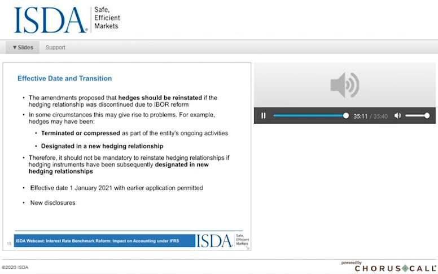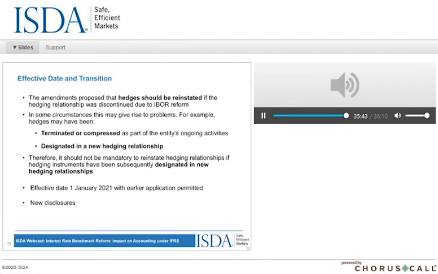However, it should be noted that the transition requirements still present entities with a practical issue which they need to consider and plan for. This relates to any financial instruments that the entity transitions from IBORs to RFRs before the entity applies the Phase 2 amendments. The issue is that if those instruments which transition form part of a hedging relationship, and if the hedging relationship is discontinued as a result of the transition, the entity will need to maintain two sets of accounting records for these instruments.